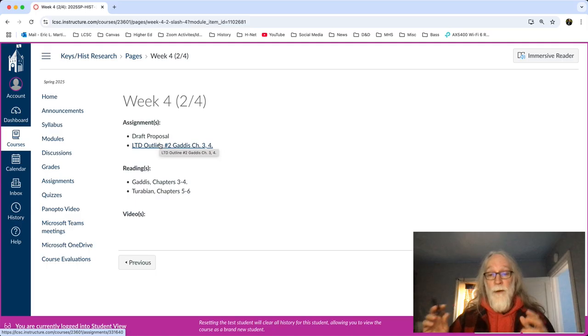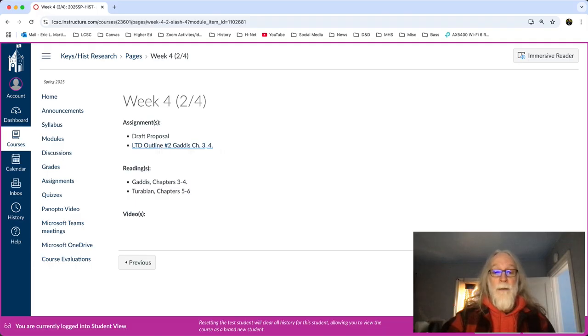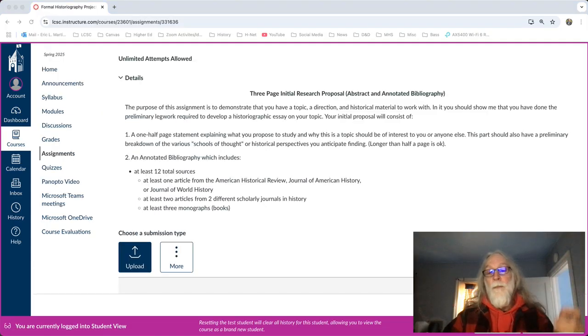So here's what I want you to think about with your proposals. A lot of people underestimate the role of a proposal in a research project. And it's really important for you to think about your proposal, your annotated bibliography, as a roadmap.